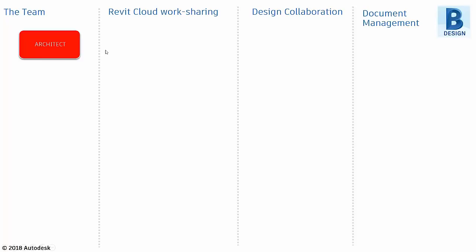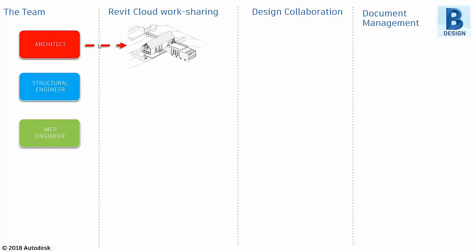So if we're the architect persona or an interior designer or structural engineer, we will start off our project in Revit and we're going to initiate our Revit Cloud Work Sharing. This means that once it's up in the cloud on BIM 360 Docs, you can start syncing central, publishing that information, and it's going to update inside of the cloud hub.